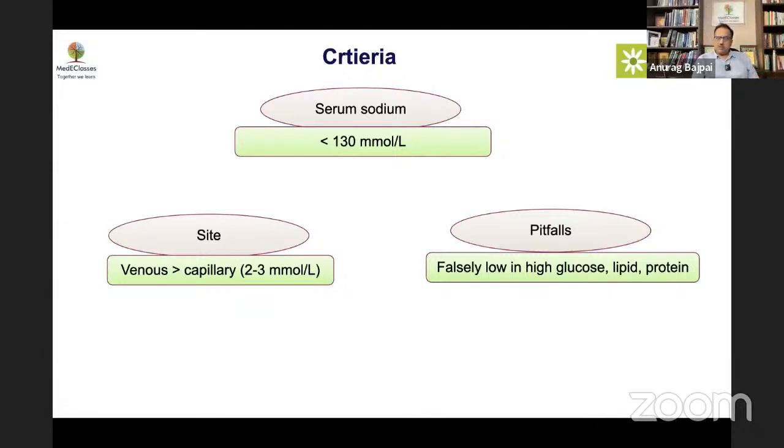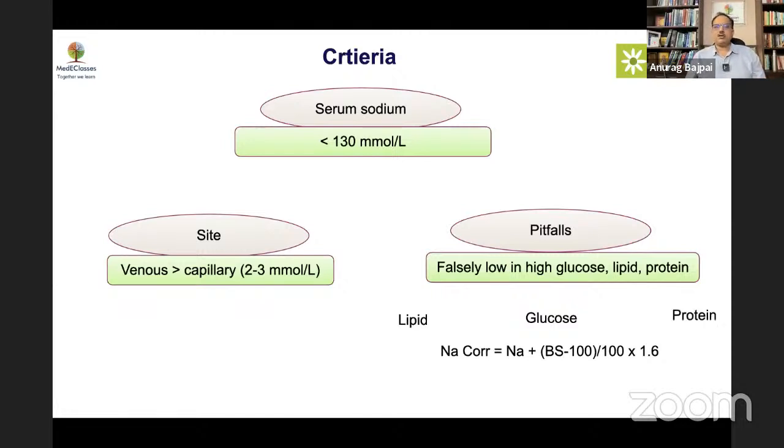If you use an ion selective electrode, the lipid and protein problems will be solved, but hyperglycemia will still cause a problem. So in somebody who has hyperglycemia, for every 100 milligram per dl rise in glucose, the sodium comes down by 1.6. So you have to use that as a corrected abnormality and use this formula specifically to get a corrected sodium.